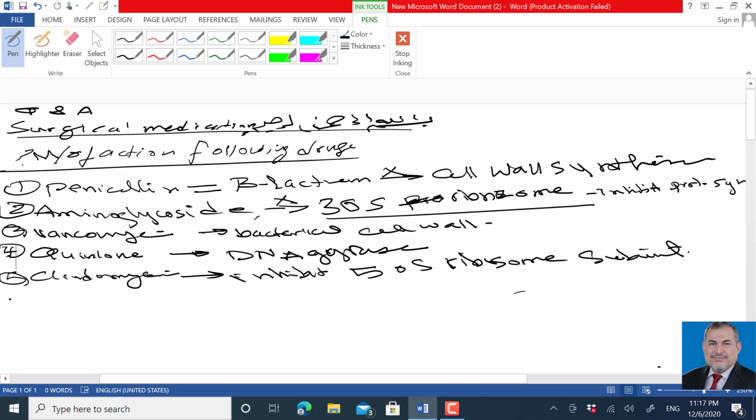Okay? What's the mechanism of action of H2 blockers? Histamine 2 receptor blockers. As the name says, they block the histamine 2 receptors.